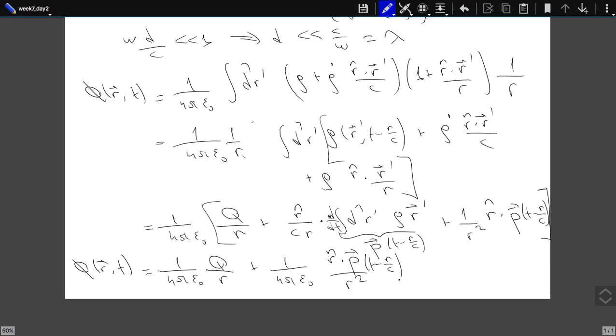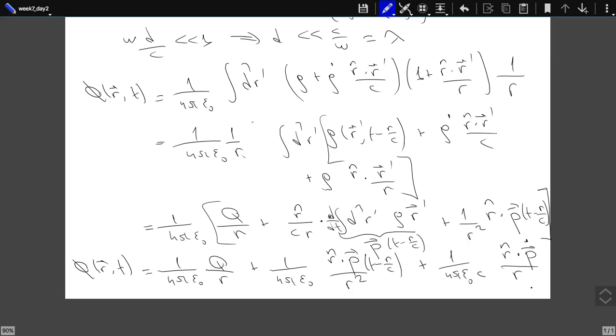But then I have this additional term over here. Plus 1 over 4 pi epsilon 0 c r hat dot p dot divided by r. This is kind of the new term due to the electrodynamics.